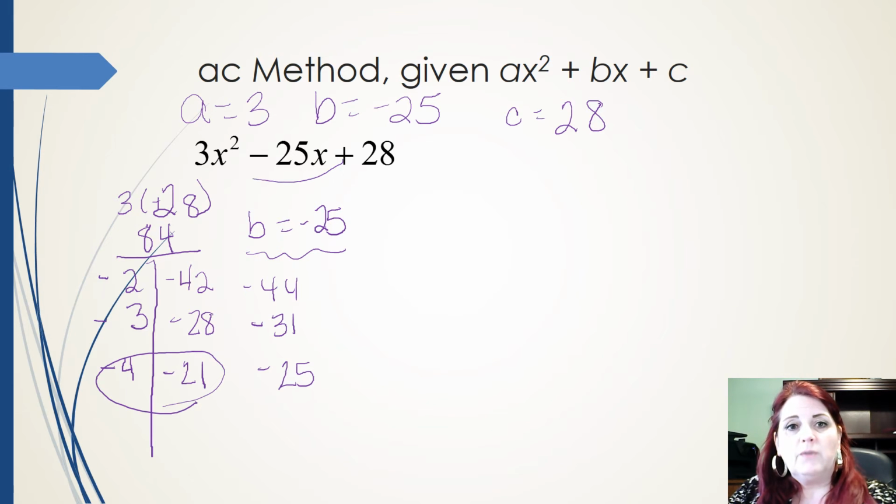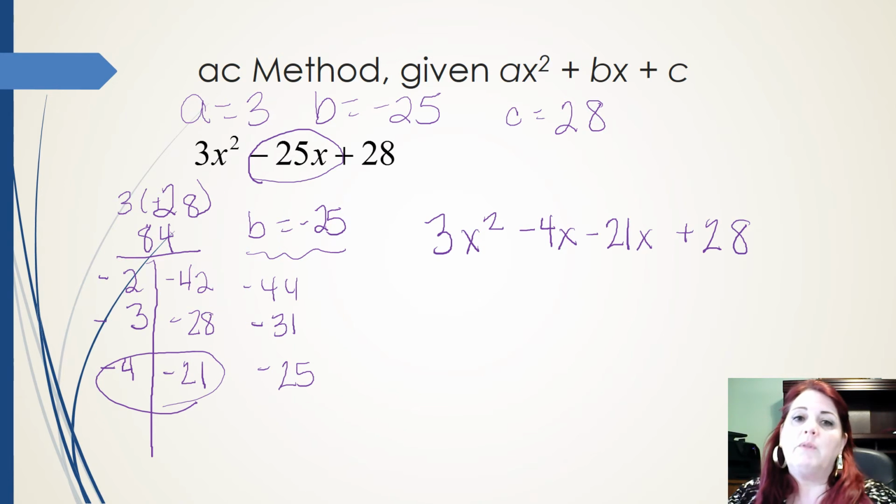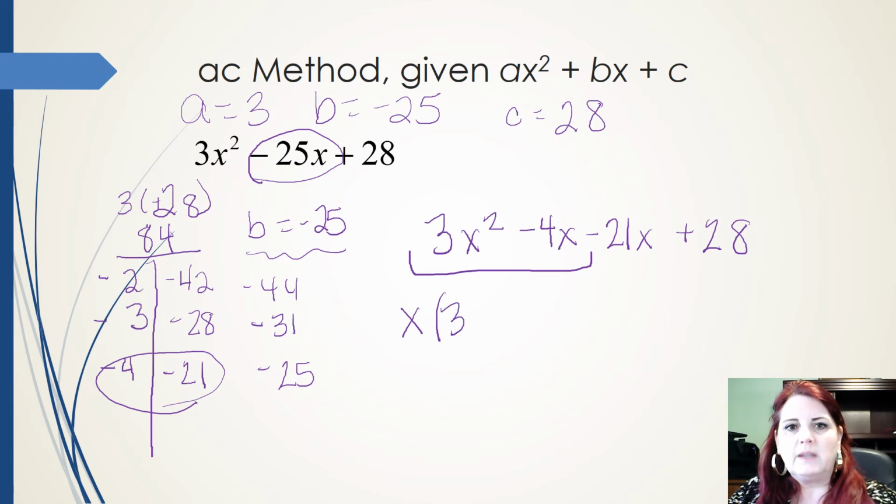So this negative 25x is going to be rewritten as negative 4x minus 21x. And I'm going to put that first term, 3x squared, and the last term, 28. Now I'm going to factor by grouping. So 3x squared minus 4x has a common factor of x, leaving us with 3x minus 4.